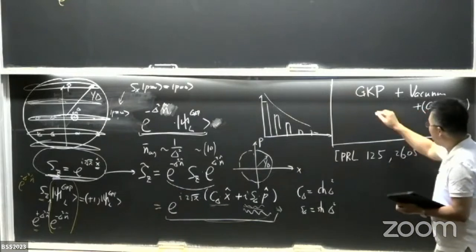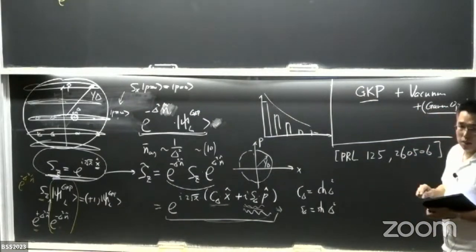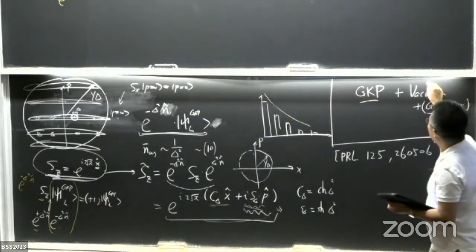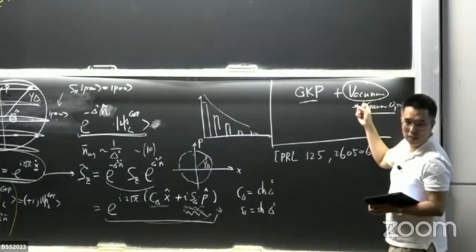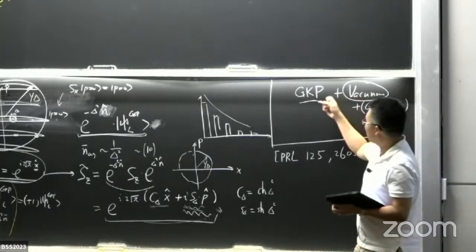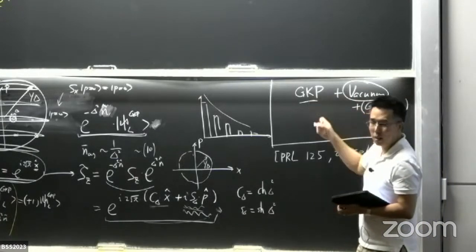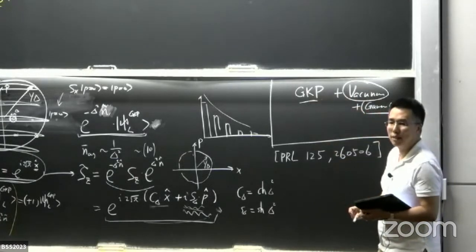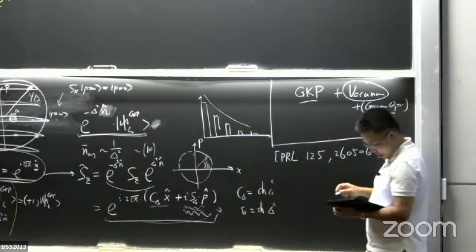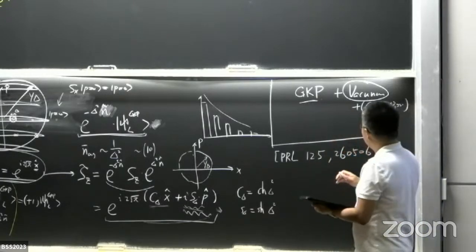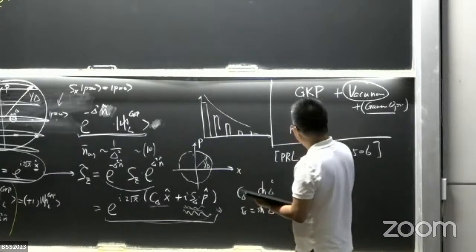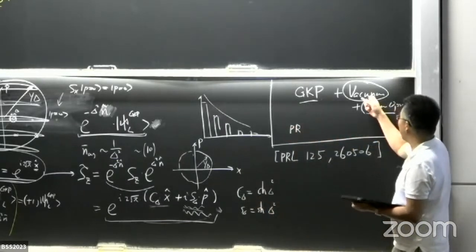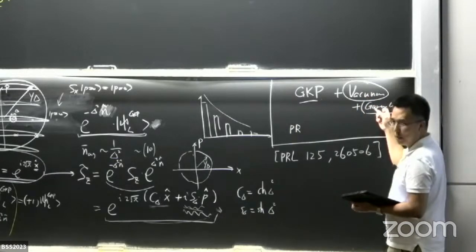Because GKP plus Gaussian is not sufficient for universal computing. But it turns out that even though we think vacuum is trivial, when you project vacuum to the GKP space, it actually gives you a magic state. And that gives a lot of excitement, because people say that vacuum and Gaussian operations are more feasible.